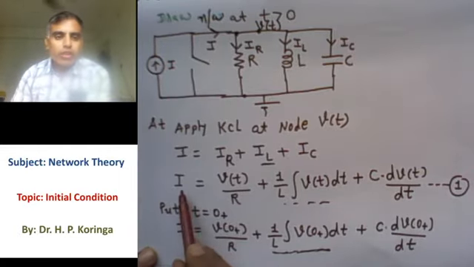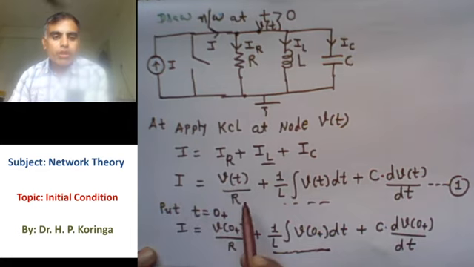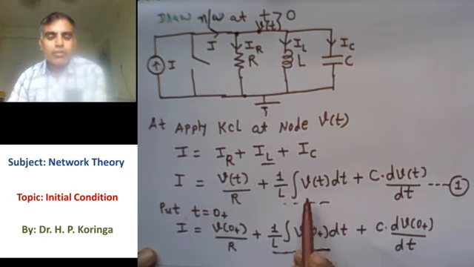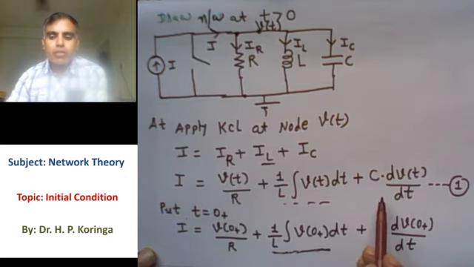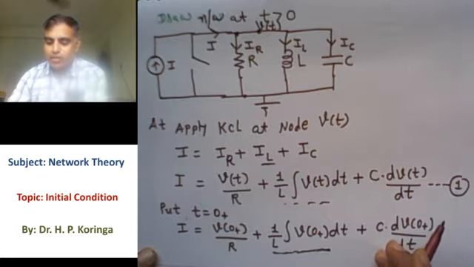In equation 1, the differentiation of I is equal to 0, it is constant. Differentiation of V of t is dV of t divided by dt, into 1 upon R. Differentiation of the integral term is V of t divided by L, and the differentiation of the last term is C d square V of t divided by dt square.